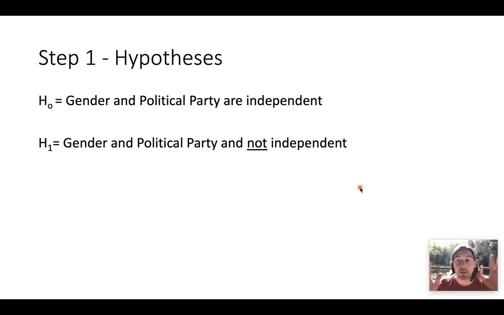The innocent until proven guilty phenomena still applies. So the null hypothesis is that gender and political party are independent of one another, meaning they do not impact each other. Nothing is happening. The null, the zero. The research hypothesis, or the alternative hypothesis, is that gender and political party are not independent. They do impact each other.